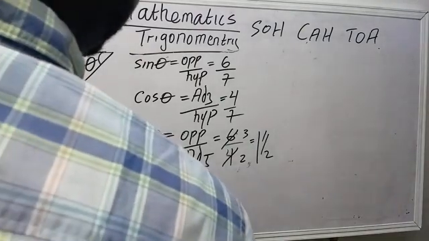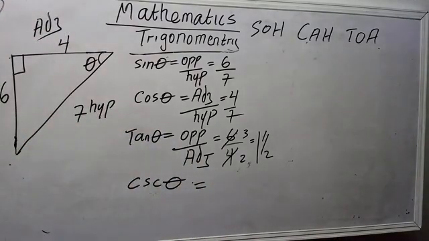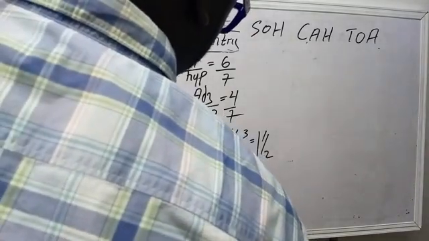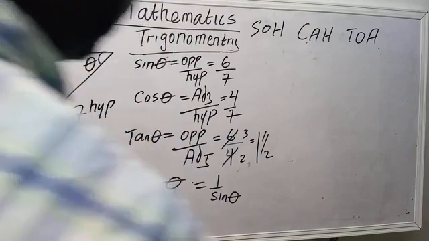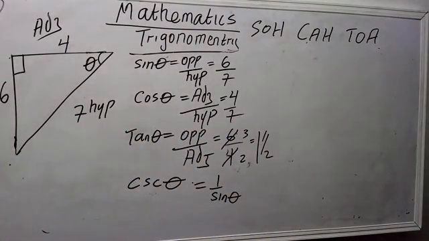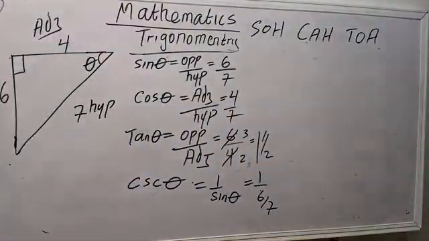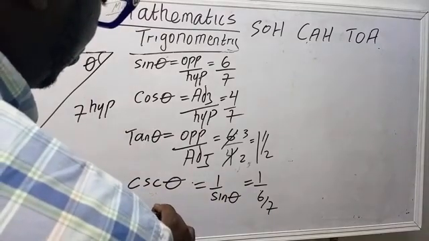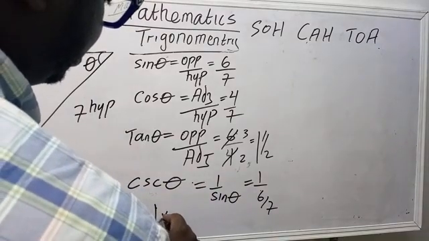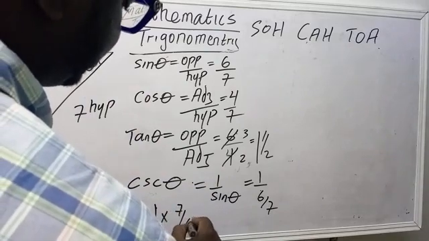We have cosecant theta, which is inverse of sine. 1 over what? Sine theta. What is our sine theta? Our sine theta is 6 over 7. That is 1 times 7 over 6.